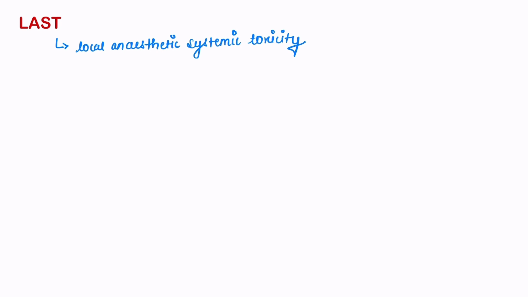The symptoms include CNS effects like confusion, seizures, or cardiovascular effects like bradycardia, hypotension, arrhythmias. The treatment of LAST includes we have to stop the local anesthetic and provide supportive care for airway management and cardiopulmonary resuscitation. And the drug of choice is 20% intralipid.